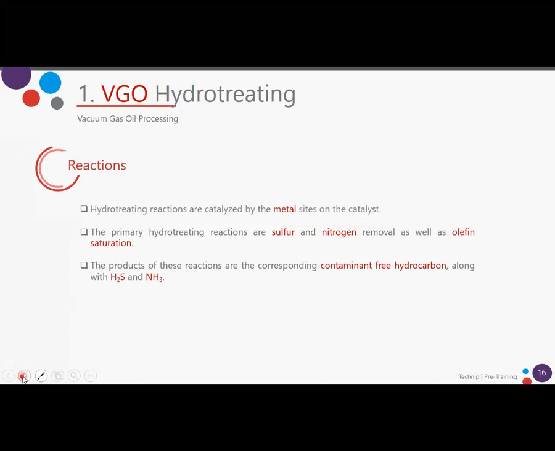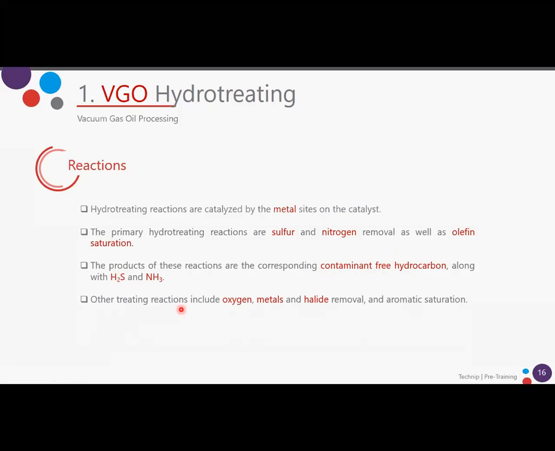The products of these reactions are the corresponding contaminant-free hydrocarbon. So you will eliminate the contaminant along with H2S and ammonia.